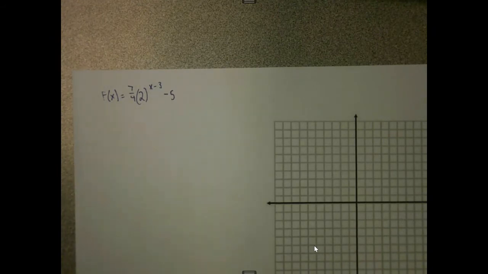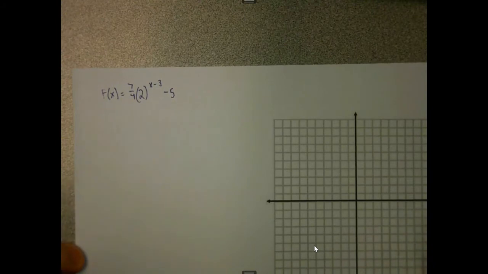List the parent function for each and state transformations of the parent function. List domain and range. List asymptotes. Sketch a graph. State where each function is increasing or decreasing. State the end behaviors, find the inverse, and approximate the average rate of change on the interval 2 to 5. Okay, so there's a lot of things going on here.